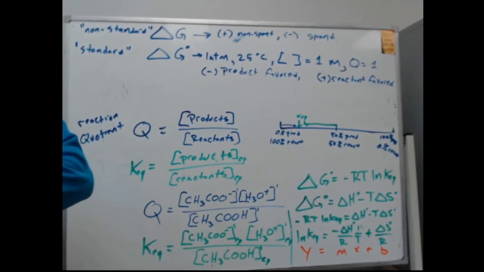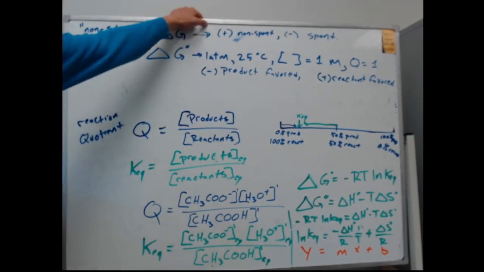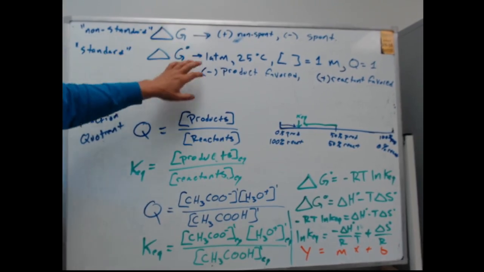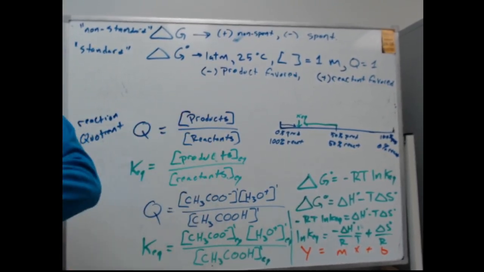Yep. So it shifts. The important thing that's going to happen between class last Tuesday and class this Tuesday is our language is going to have this dramatic shift from talking about non-spontaneous and spontaneous to talking about product favored versus reactant favored. We're going to shift to talking about things in the context of the chemical reaction rather than just the context of the energy.